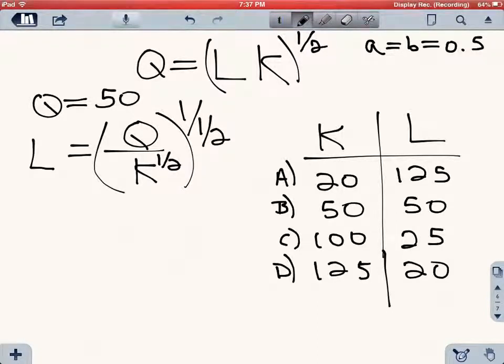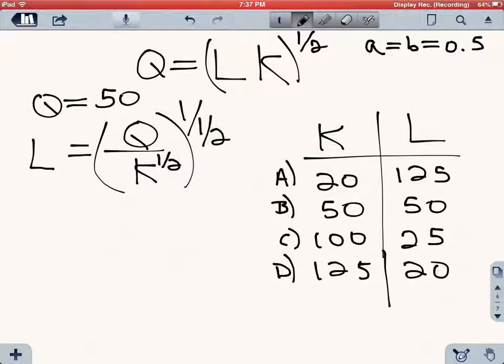Right? So you can replace one capital for labor in this production function, which is something realistic. Now the second thing that is really useful with this production function is that it does exhibit diminishing marginal returns to each input. For instance, consider that when you are actually producing at D, when you're using 20 units of labor and 125 units of capital.